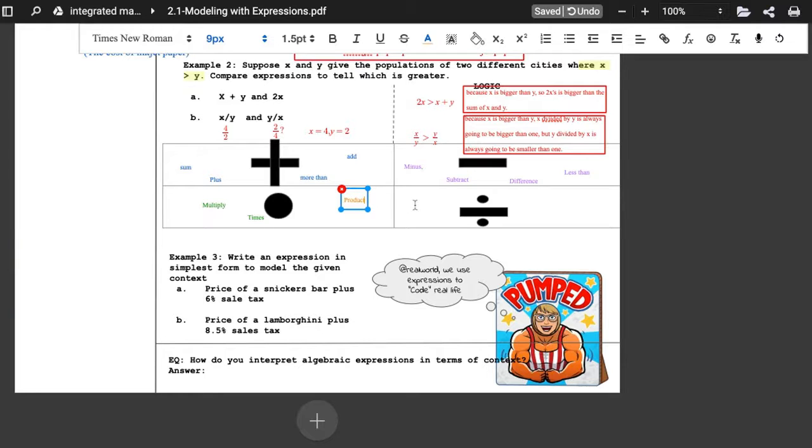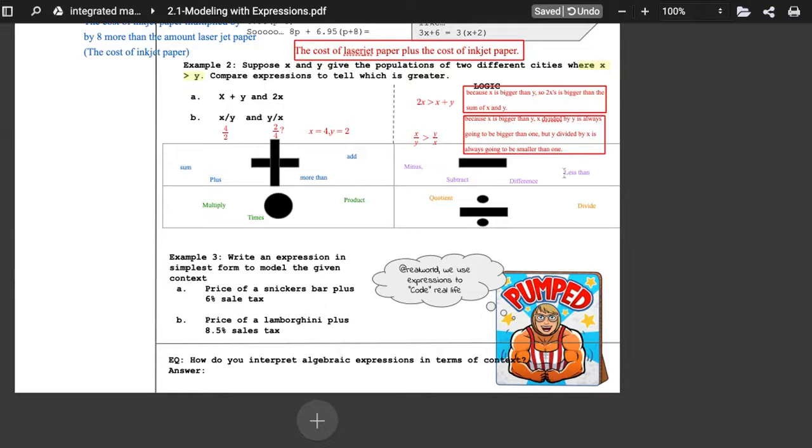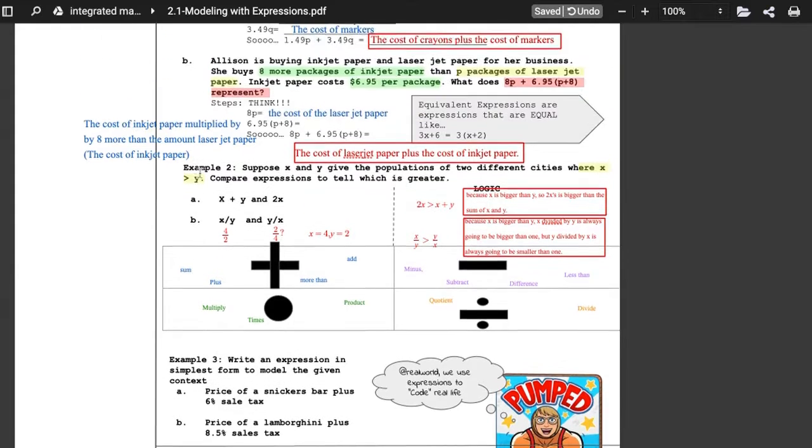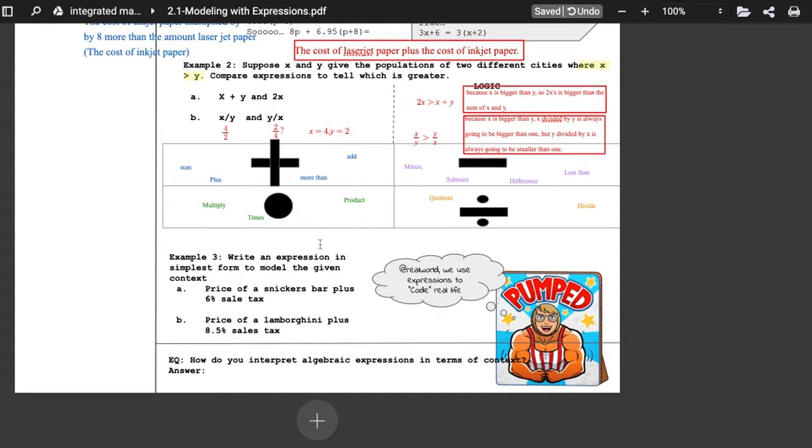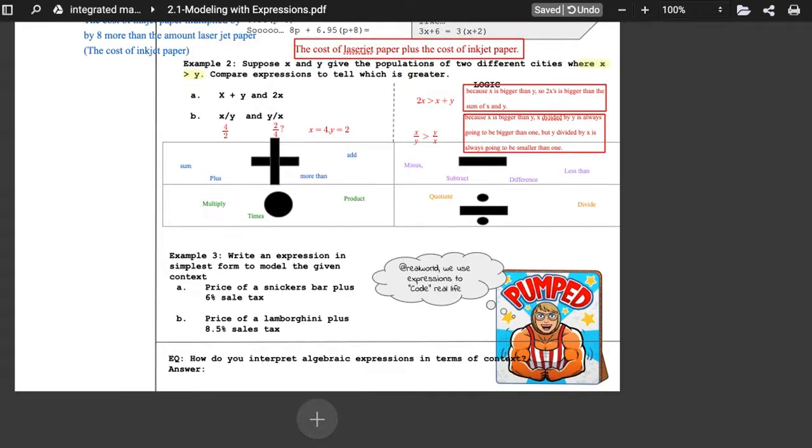Words that mean to divide would be quotient. So those are some words that you might see. And if you see some, then you know the operation that you need to do. So remember here where we're writing expressions, the operation you would need to do would be plus.